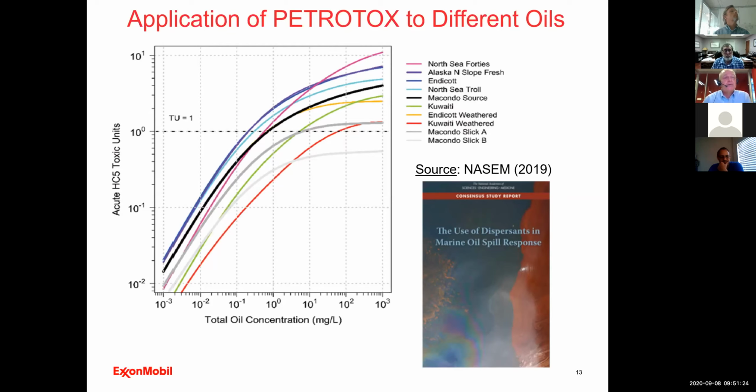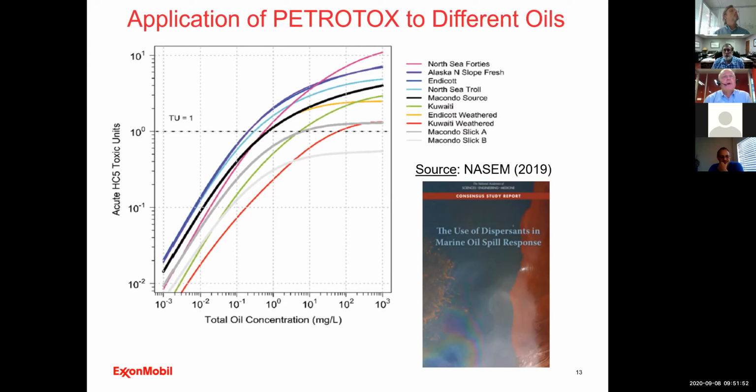It's actually nominal loading, and the various colored graphs represent the calculated toxic units from Petrotox for different fresh and weathered oils. And you see where that solid line intersects those graphs, that corresponds to the predicted concentration where you would expect to see a 50% response.